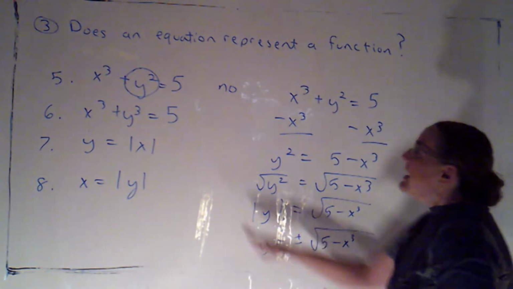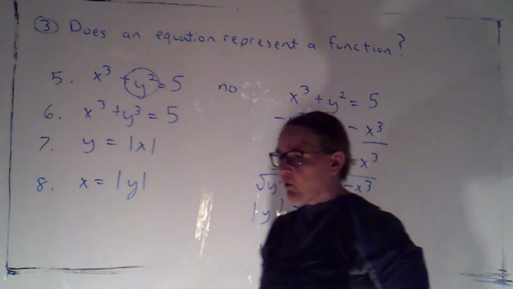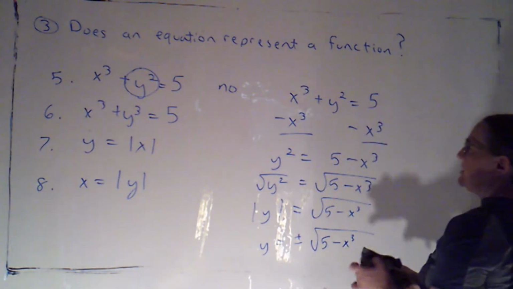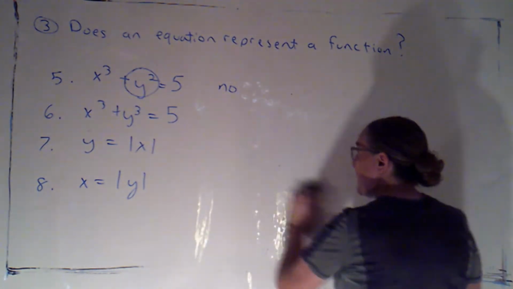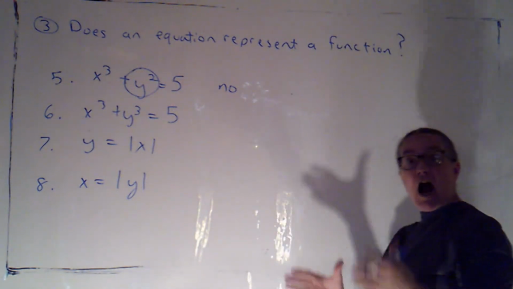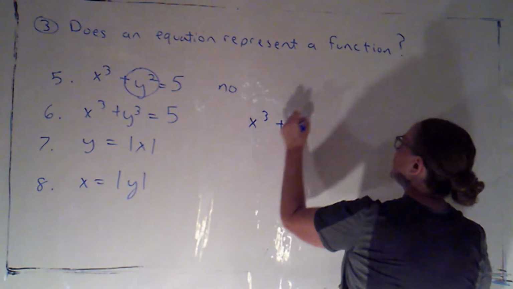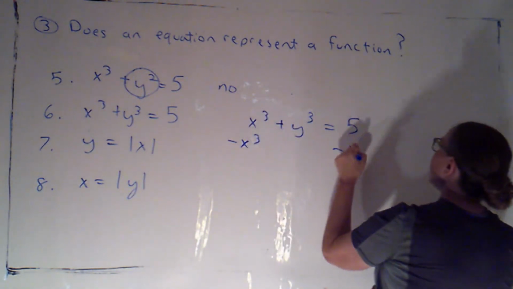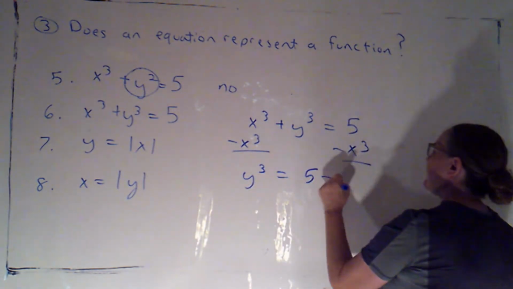Okay, if I look at this next one, I see an odd power of y. So I'm pretty sure that one's going to be a function, but let's just confirm it by showing that we can in fact get y by itself. So I've got x cubed plus y cubed equals 5. I'm going to subtract over that x cubed again. So y cubed is 5 minus x cubed.